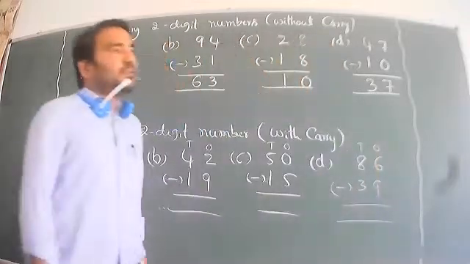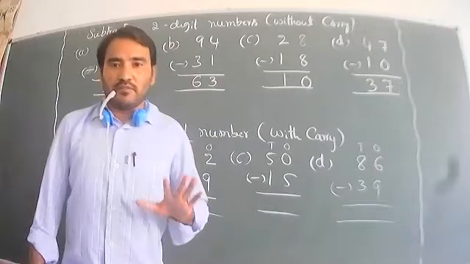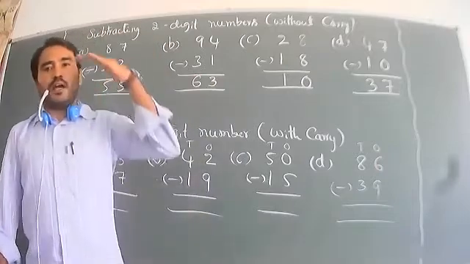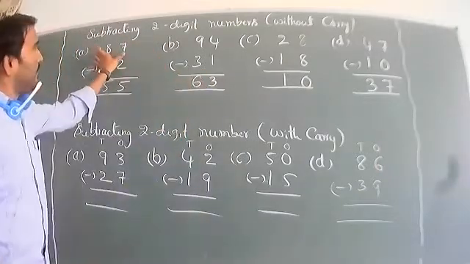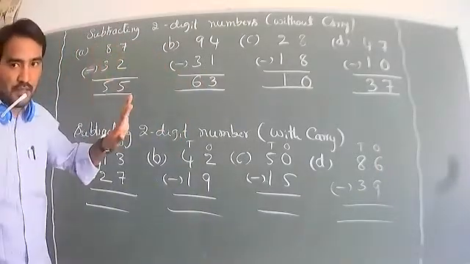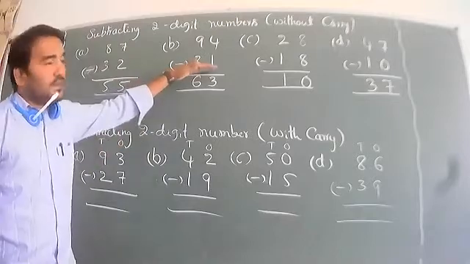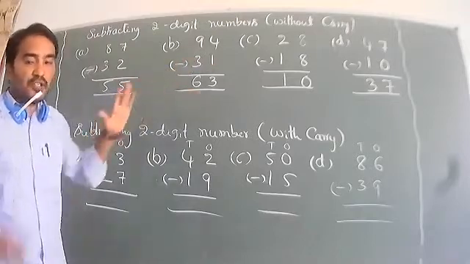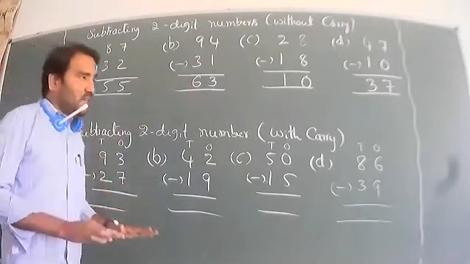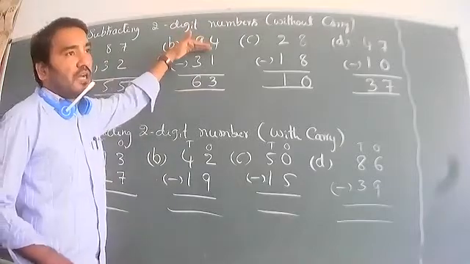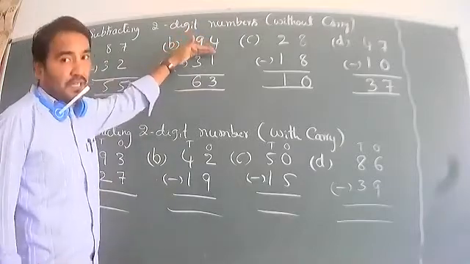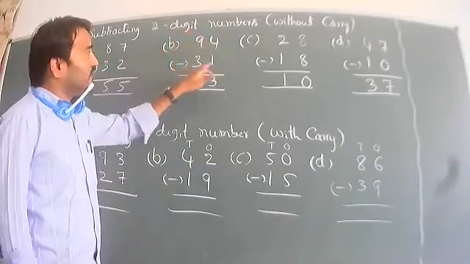When subtracting numbers, we start the subtraction. The upper number is bigger and the downside, below number is smaller. Keep in mind the order of subtraction: the first, upper number is bigger. So 94 is bigger, 31 is smaller.